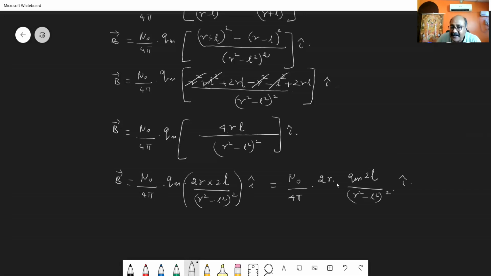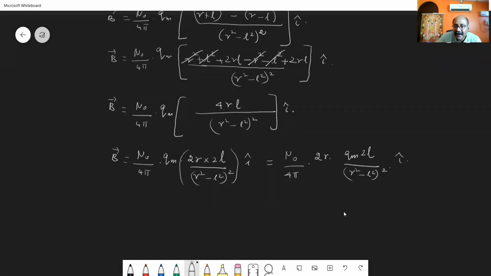Now you see, what is this QM into 2L? But we know that this QM into 2L is magnetic dipole moment PM. Therefore, what is B vector?